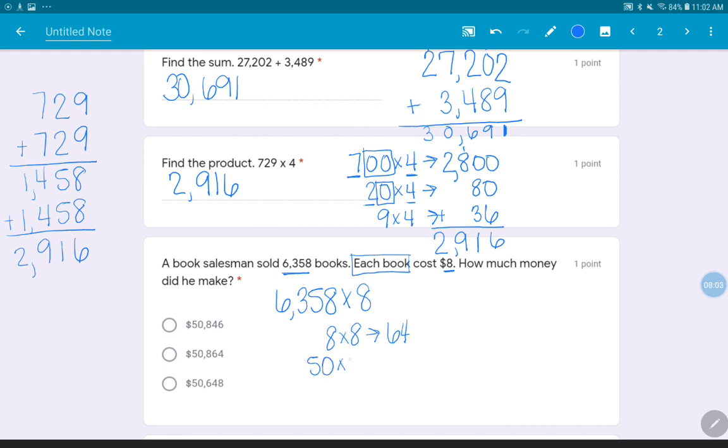All right, hold on. 8 times 5 isn't 45. 8 times 5 is 40. And since we're really multiplying 8 times 50, that would be 400. All right, then what did you do? 3 times 8. Okay, so now we're multiplying the 300s times 8.